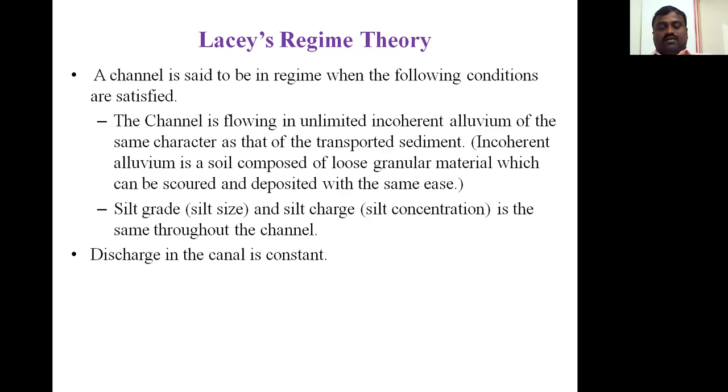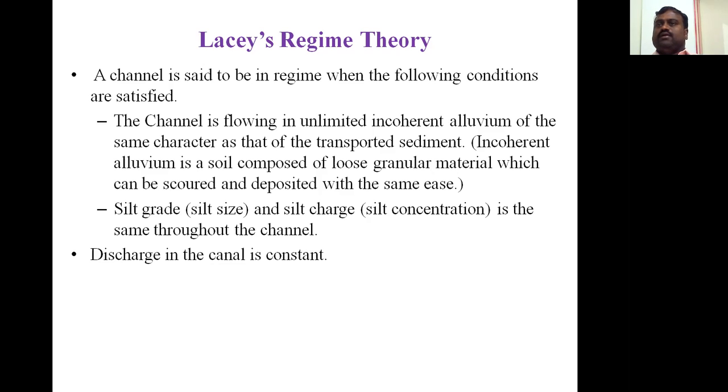He differentiated the regime state of a channel into two categories, the initial regime and the final regime. The initial regime state is attained when a channel is immediately put into operation after its construction, and the final state of regime is attained after a long duration, when the canal carries a continuous flow of water.